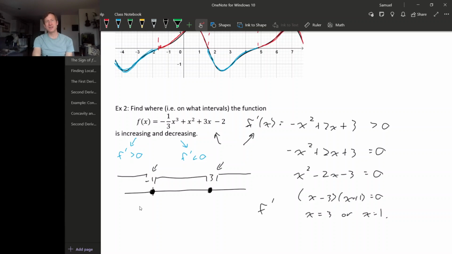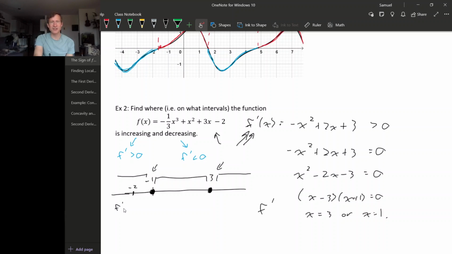Well, how to know on each interval which one it is, positive or negative? One nice way to figure that out is just to pick any old number that's in that interval. Over here, maybe we could pick -2, and just plug it into this function, f prime.